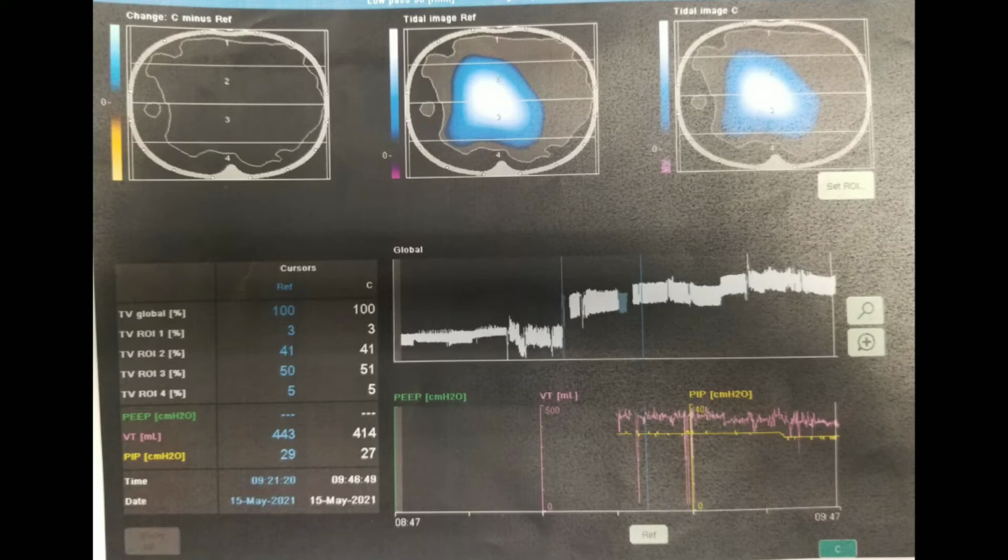If there was significant change between the reference P high of 30 and the control, which is a P high of 26, we would have seen in the upper left side the change between the control and the minus. Down below you'll see that there's a reference and a control, and these can be scrolled anywhere we like.